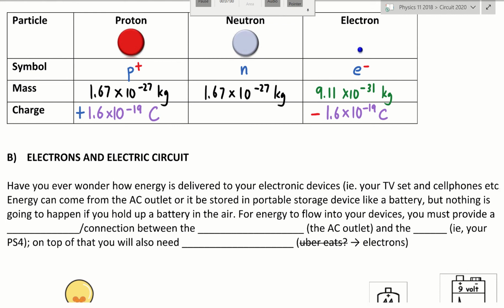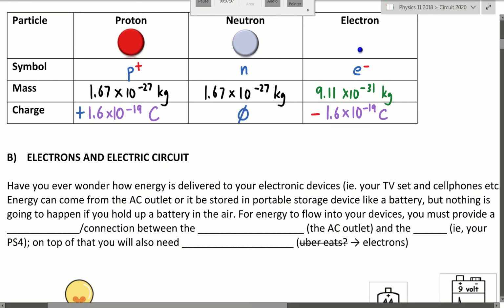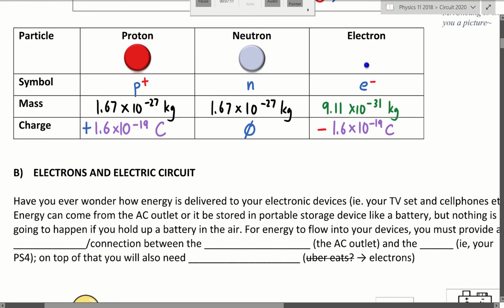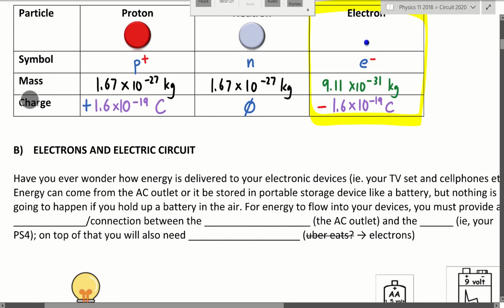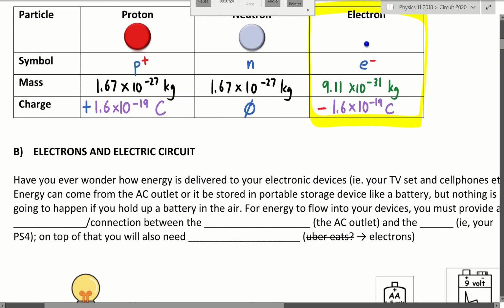So you either have protons or electrons or both. Now, neutron has no charge, so we don't have to worry about neutron. For our chapter, our focus will be on the electron. So electron has a negative charge, and the amount of charge is about 1.6 times 10 to the negative 19 coulomb per 1 electron.